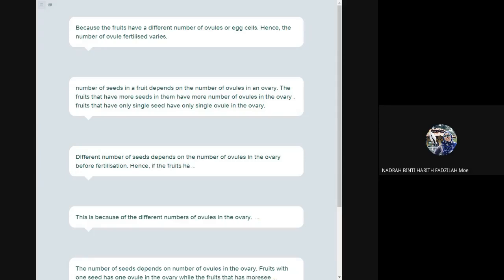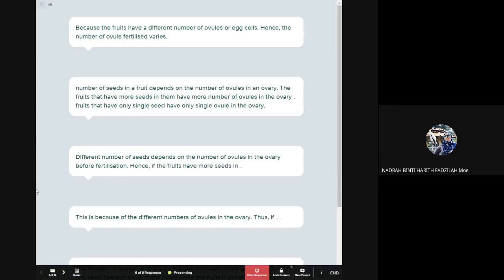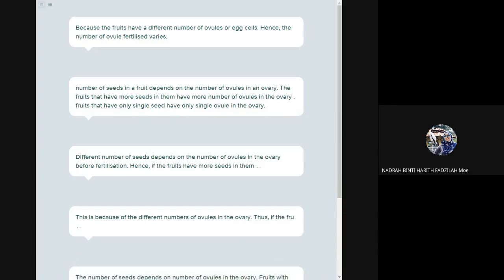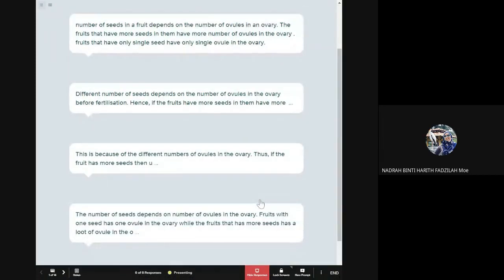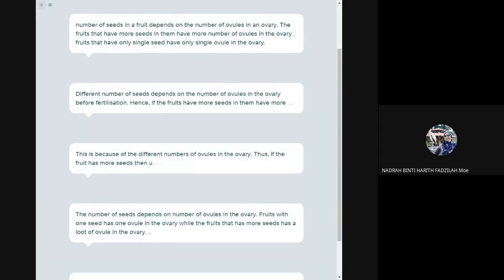Whereas if the fruit have only single seed, so they only have one single ovule in the ovary. Sebagaimana yang dinyatakan oleh Nurin kat sini. Very good Nurin. Okay, dekat situ ada 3 point. So kita boleh bagi max 2 daripada 3 point. So good. Dia punya asas dia ialah bilangan biji benih, the number of seed depends on the number of ovules.